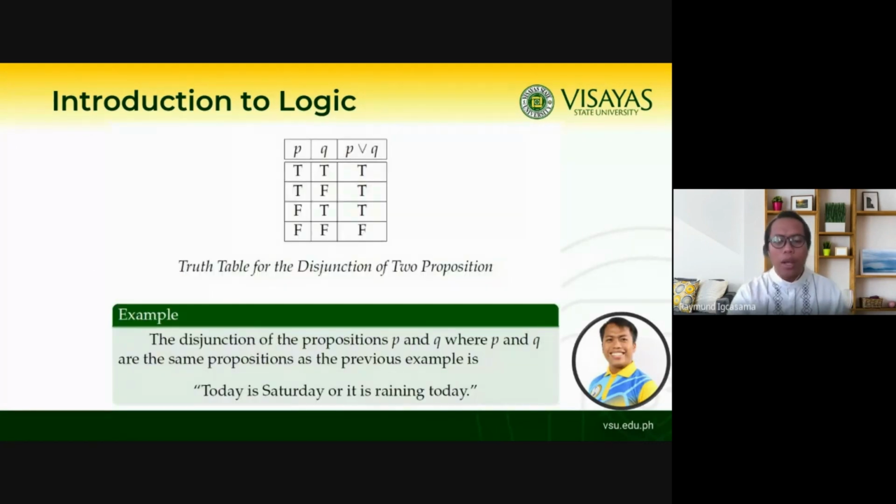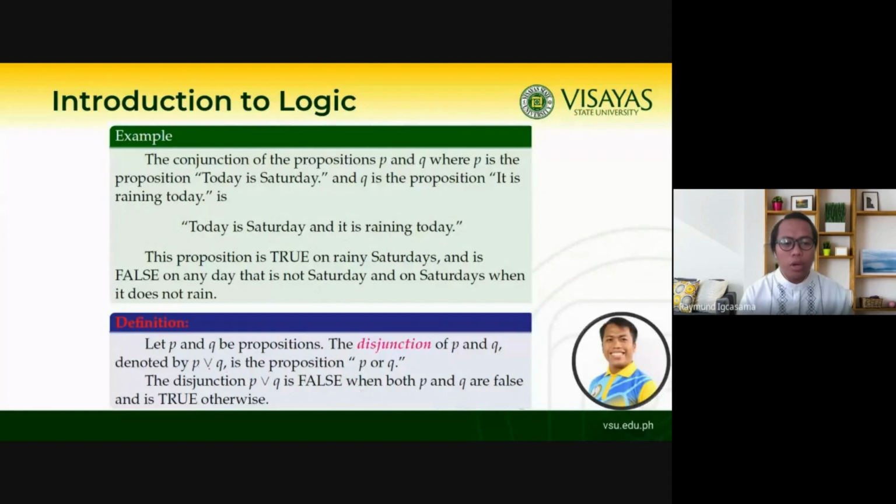Now for the disjunction, this symbol, the V, is read as or.